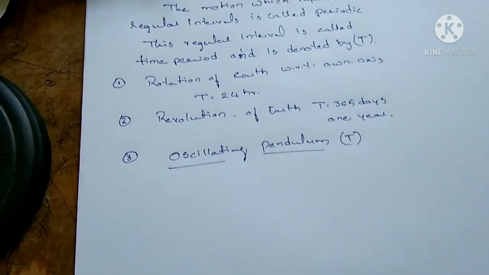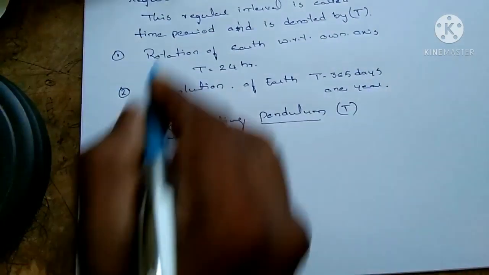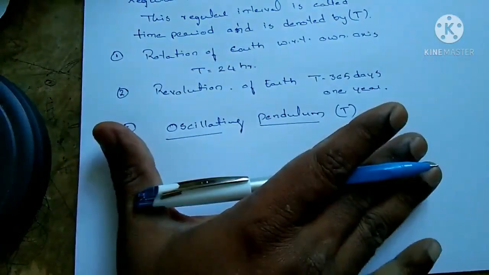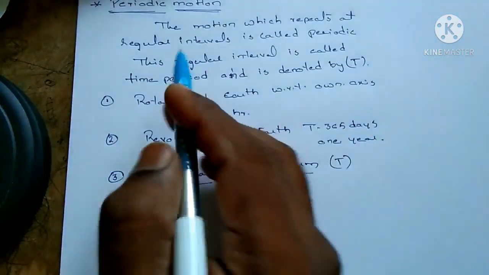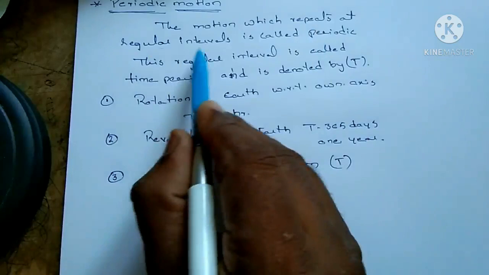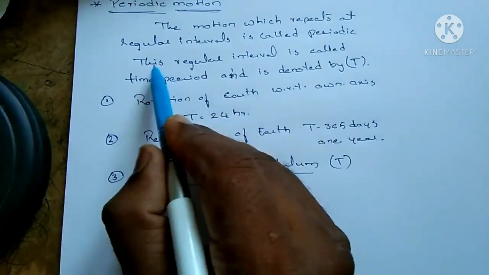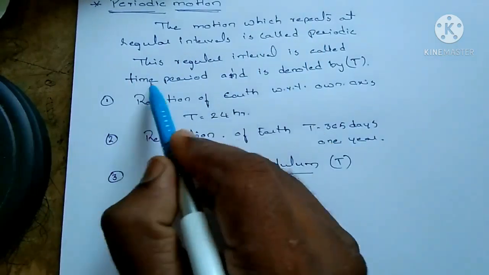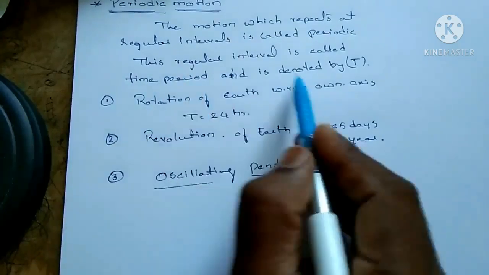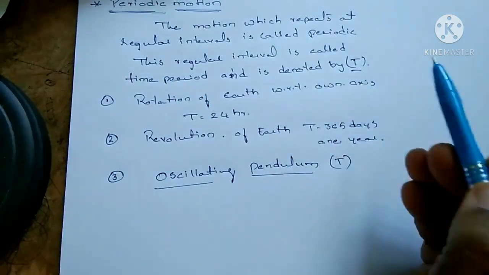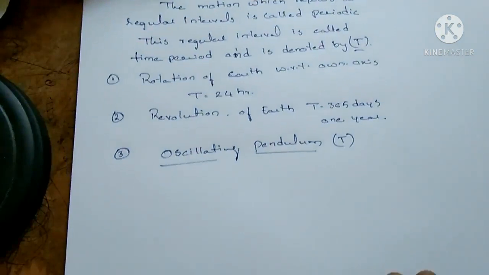So now comes the oscillatory motion. This is what we have discussed about periodic motion. Periodic motion is nothing but the motion which repeats at regular time intervals, and this regular interval is called the time period and is represented by capital T, and I have mentioned some examples also.